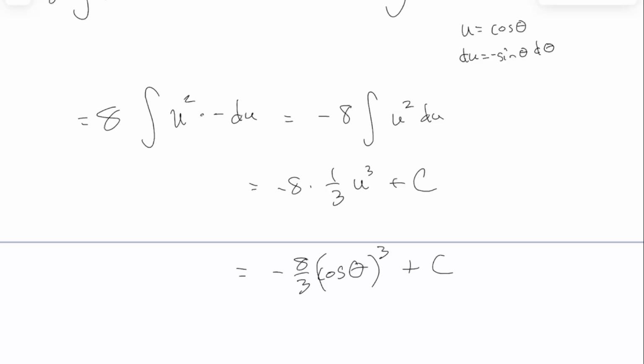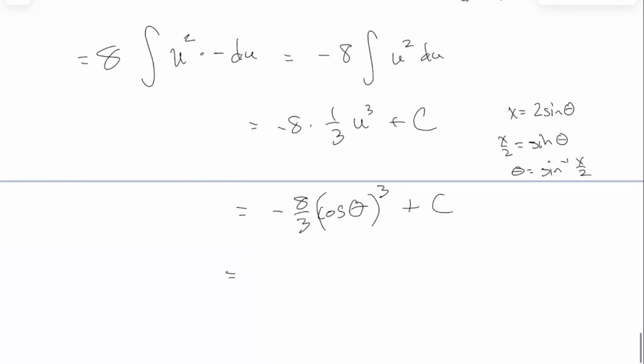And then to unravel the theta substitution, remember what was defining theta? My original substitution was x equals 2 sine theta. If I'm going to plug back in, I need to solve for theta. So this says x over 2 equals sine theta, which means theta is inverse sine of x over 2.